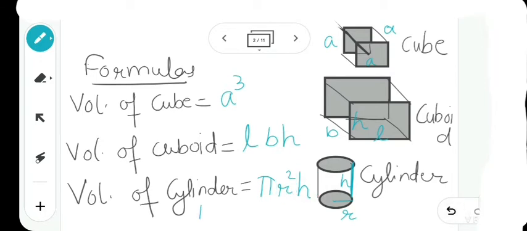Here you know the value of pi is 22 by 7 or 3.14. So according to the question we may use any one of these two values. So students, these are 3 formulas to find volume of cube, cuboid and cylinder. Please write these in your notebook and you have to remember them. Then only you will be able to solve sums on them.